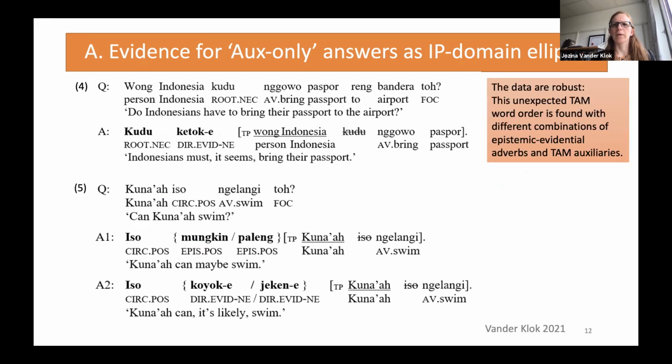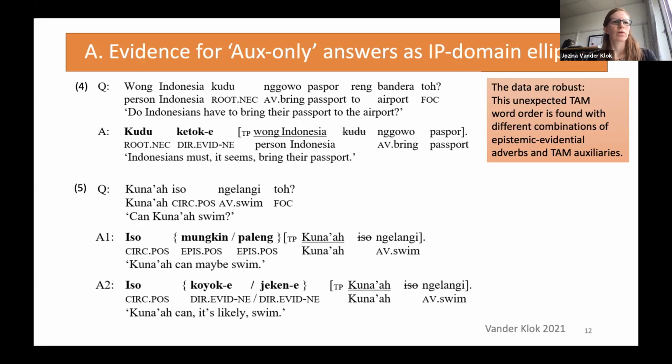Here I go through some other data points to show you that the data are indeed robust. This unexpected TAM word order is found with different combinations of TAM auxiliaries and epistemic or evidential adverbs.